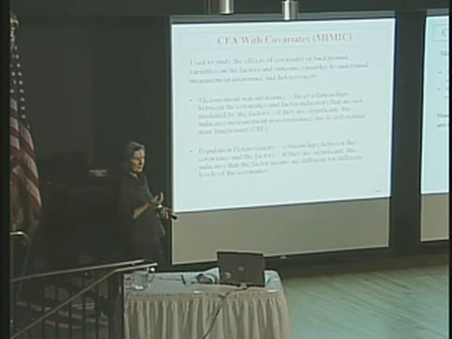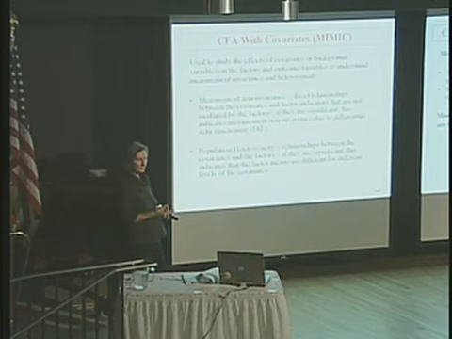So we're looking at a linear regression, and we're talking about the parameters that we talked about first thing this morning when we looked at linear regression. We have an intercept, we have a slope, or a factor loading or a regression coefficient, and we have a residual. So those are measurement parameters.